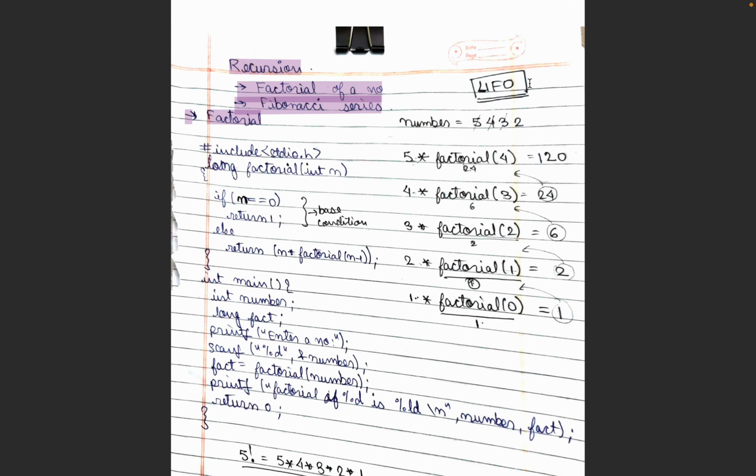And what is this LIFO that I told? Last in first out, this is a stack. So you need to understand that recursion works on a stack. Last in first out means the last function that we have taken will be the last in.